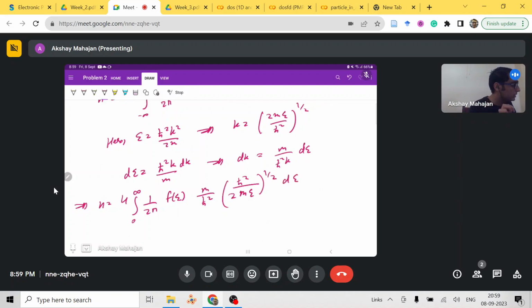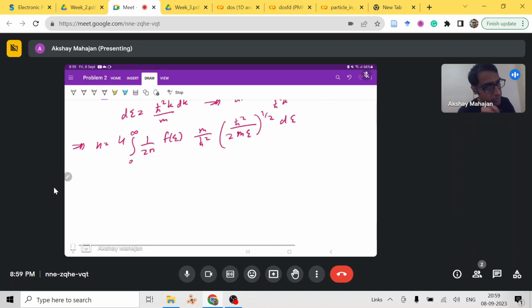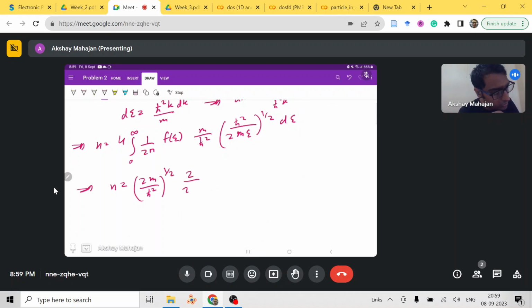Alright, so this is what we will have, and if we solve it, taking out all the constants, we have 2m upon h square whole to the power 1 by 2, and we have 2 upon 2 pi, integral from 0 to infinity of epsilon to the power minus 1 by 2 f of epsilon d epsilon.